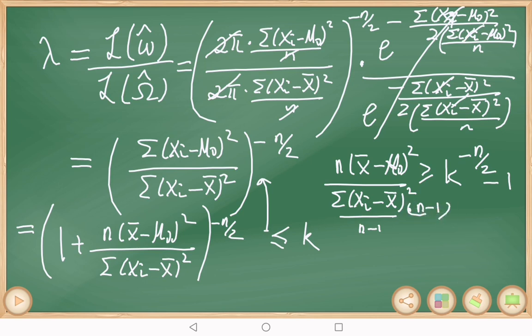And rearranging, we will get the result. So we can also rewrite here a little bit as, so here's n, so this is s squared, the variance, the sample variance.